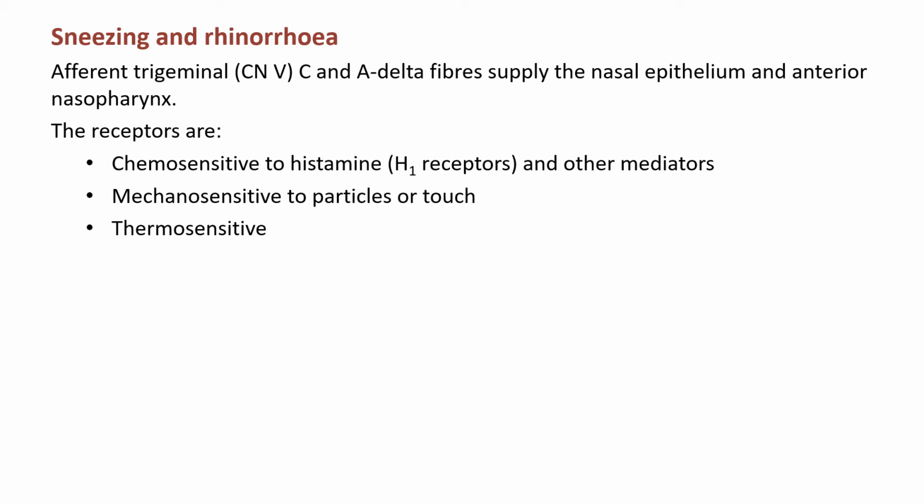So these are chemosensitive to histamine via H1 receptors and various other chemical mediators. They're also mechanosensitive to particles or touch and potentially thermosensitive. If you think about it in the cold weather, well, I don't know about you, but in the cold weather, my nose always runs.